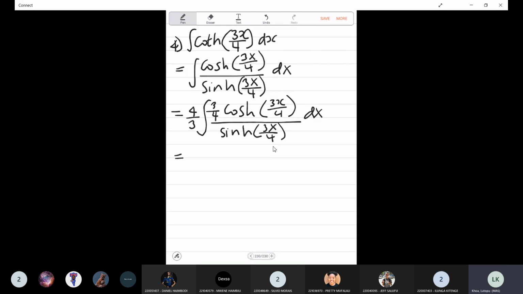So when we integrate to the power of minus 1, we get ln. So we have 4 over 3 ln of our denominator. Okay, so that is the integral that we get.